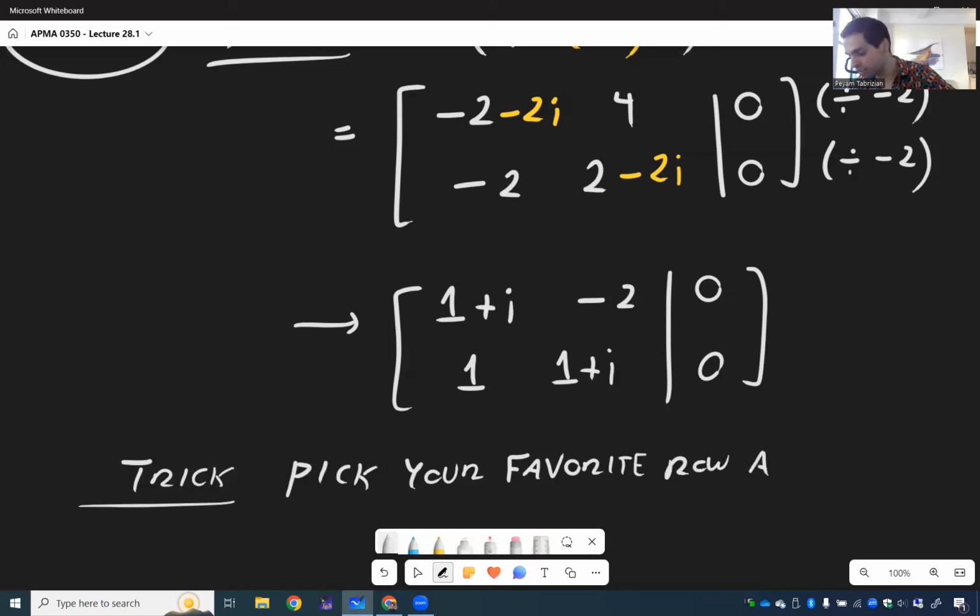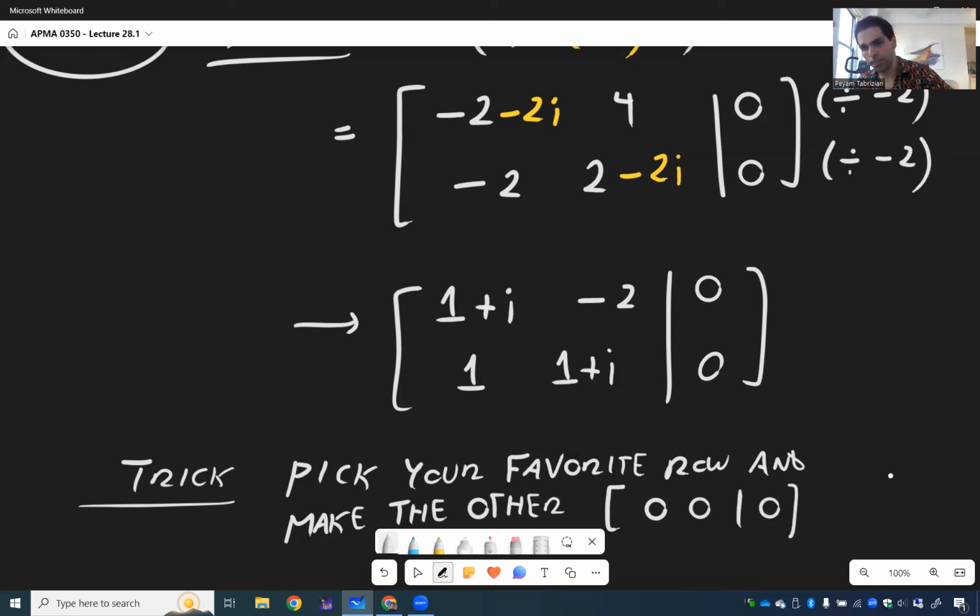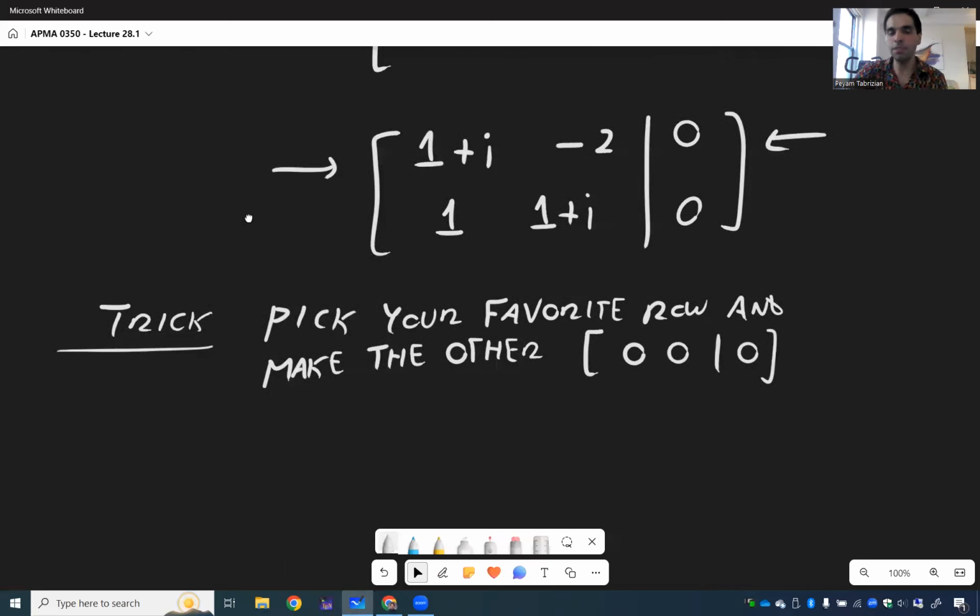For example, let's pick the first row, again a completely arbitrary decision, and make the other one 0.